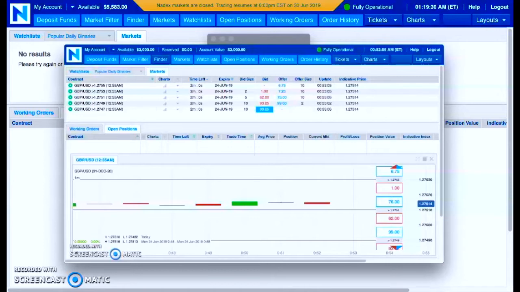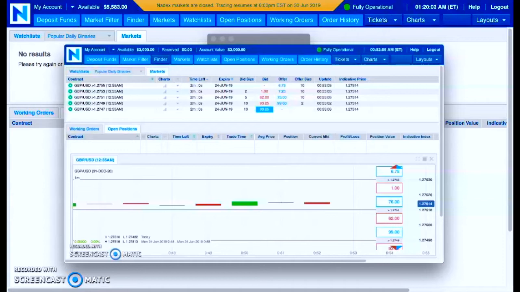This week, what I was able to accomplish was I took 5 trades. Out of the 5 trades, 2 of them were partial fills. I believe on one day I had a partial fill of 19 contracts, and another day I had another partial fill of 20 contracts, if I remember correctly.